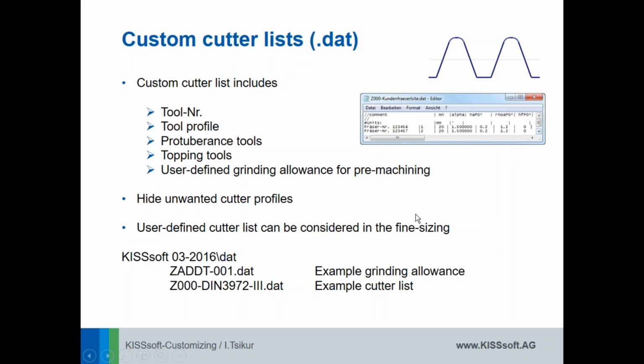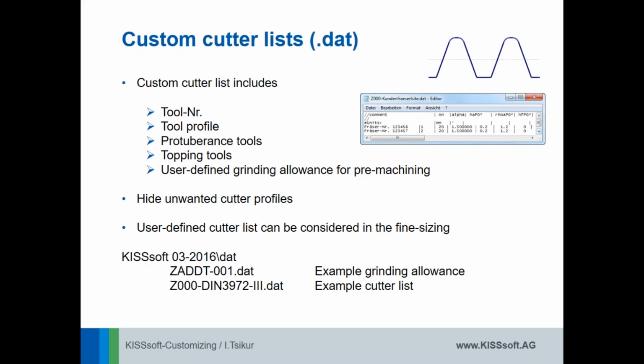If you are doing gearbox sizing or gear sizing in general, gear sizing in particular, you can also consider your own cutters in the fine sizing. And for example, if you don't have a tool, let's say for module 4.25 for gears, then KISSsoft will also not generate any solutions for a cutter which you don't have in the company.